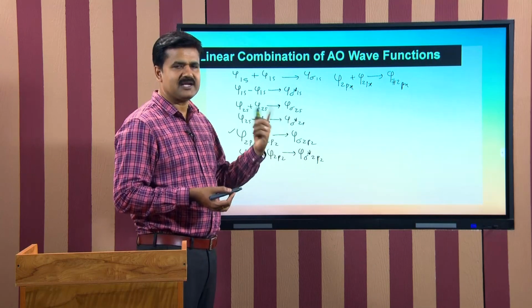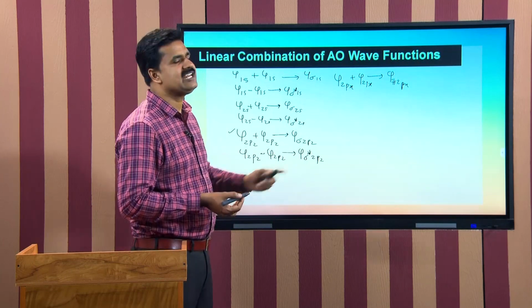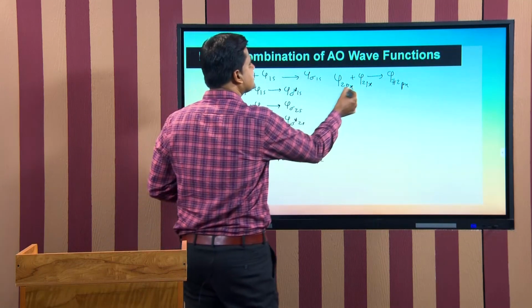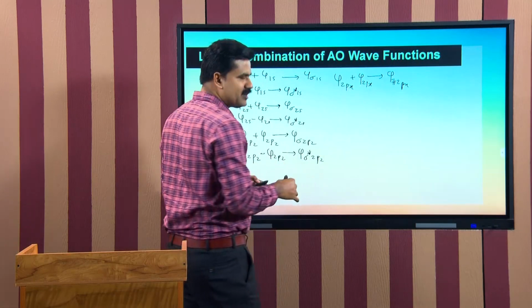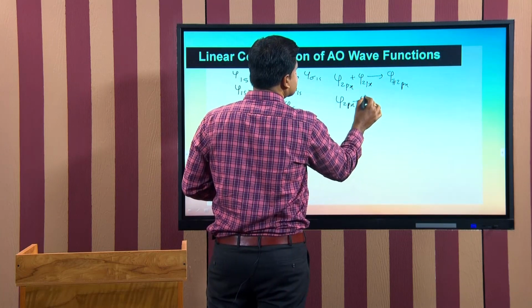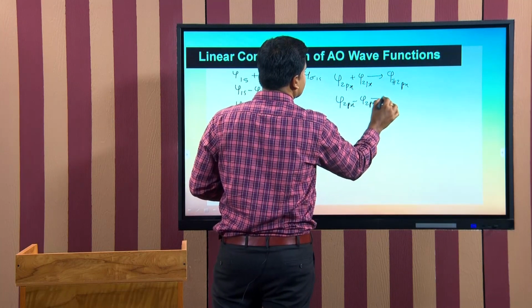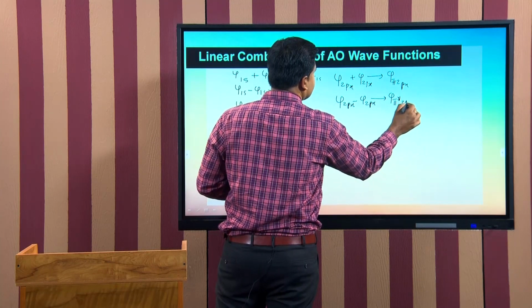Therefore, we get pi 2px, pi 2py, pi star 2px and pi star 2py, and the linear combination can be represented like this. This is linear addition combination of two 2px atomic orbitals, and psi of 2px minus psi of 2px gives psi of pi star 2px.